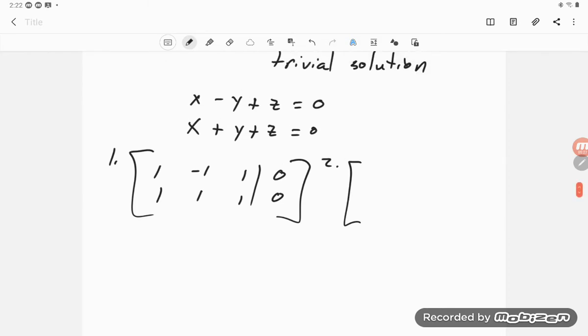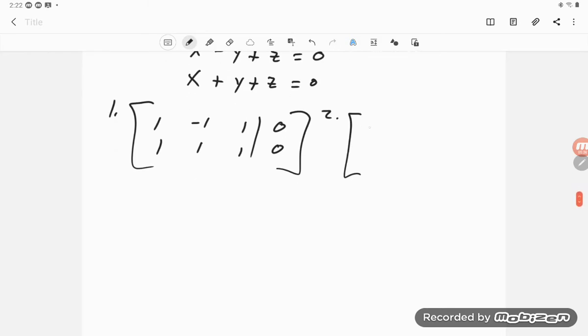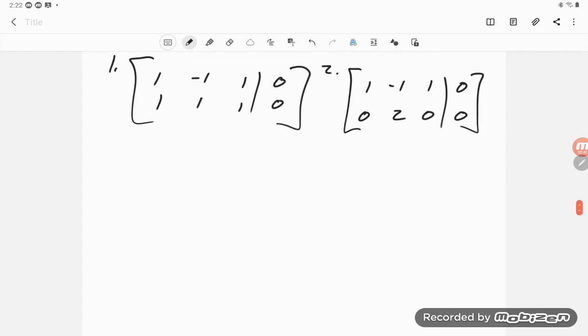Subtract the first row from the second row, and we've got 1, 1, 1, 0, and 0, 2, 0, 0, like that. And so then our third one will reduce that to 0, 1, 0, 0.